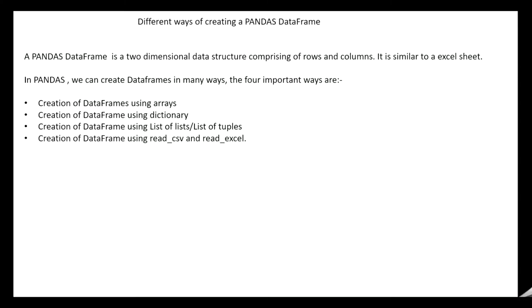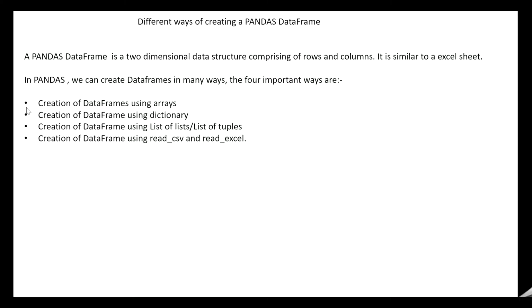In Pandas, we can create data frames in many ways, but I have specified four important ways of creating data frames in Pandas. The first one is creation of data frames using arrays. With the help of arrays, how we can create a data frame.